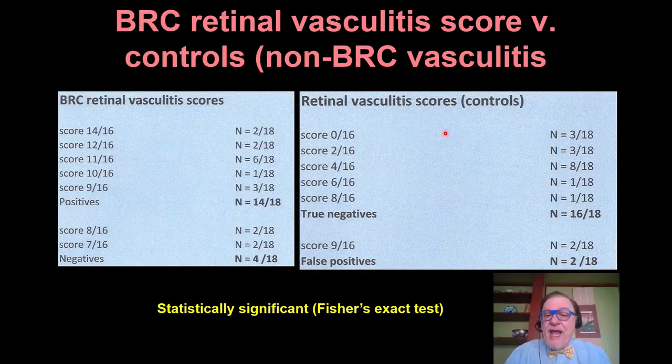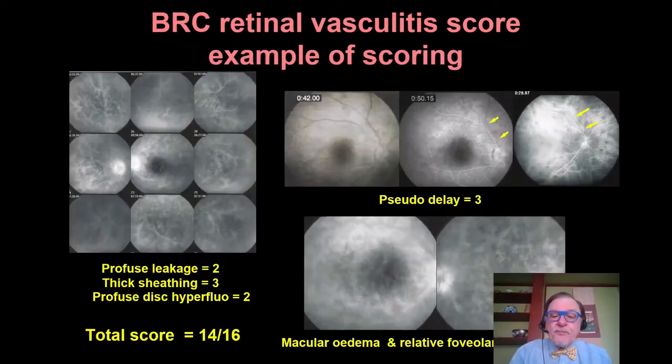We chose 18 cases of control retinal vasculitis. In these cases, 16 out of 18 were true negatives, and 2 out of 18 had a score of more than 9 and were false positives. This is an example of how we score.